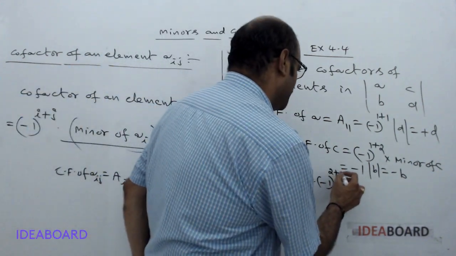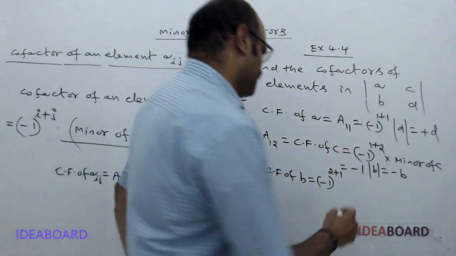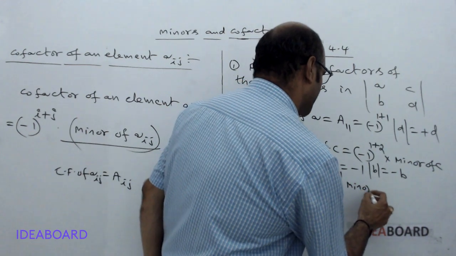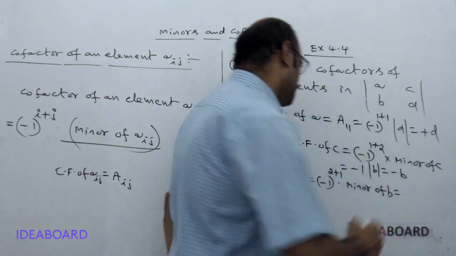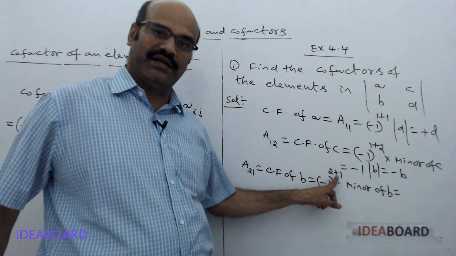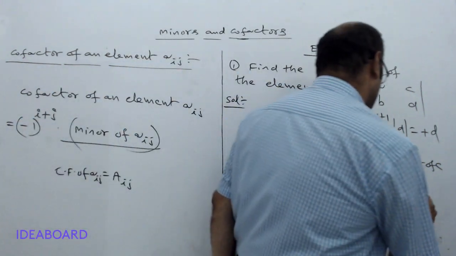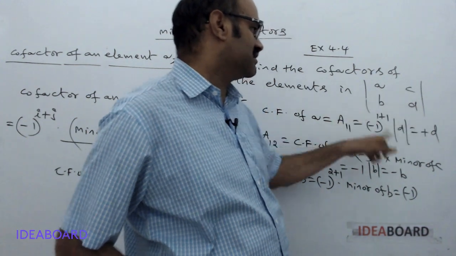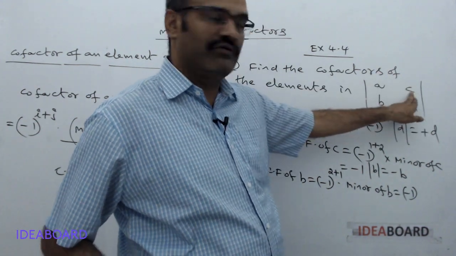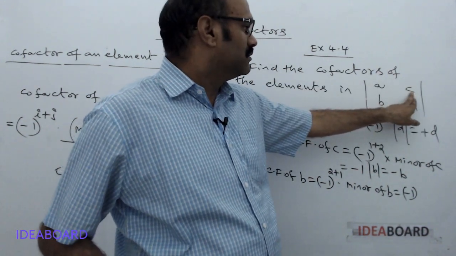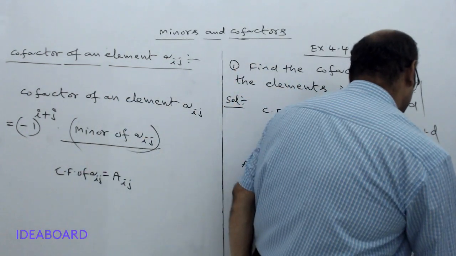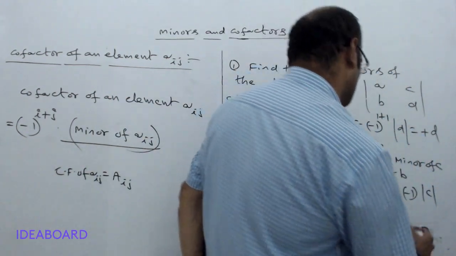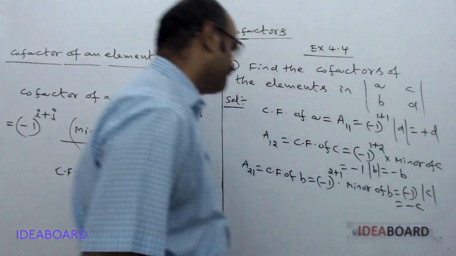So 2 plus 1 into minor of C equals minus 1 whole power 3, that is minus 1 into minor of C. We have to remove second row and first column. So we have to take the element B in a determinant, so it's equal to minus B.